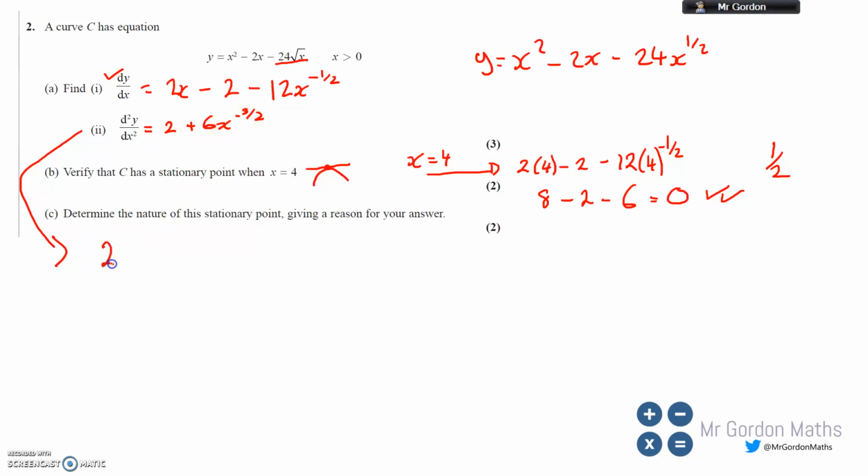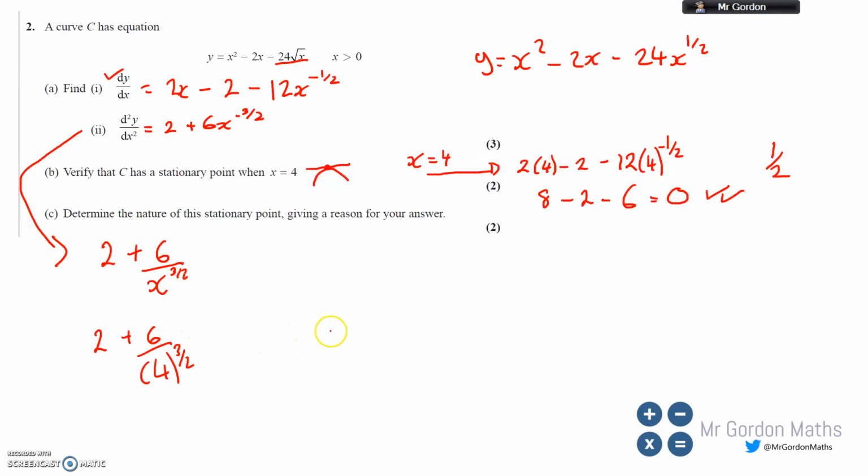So I'm going to write this out first as 2 plus, I'm going to write this like this, 6 over x to the 3 over 2. All right, I've sorted the minus sign out first. I've rewritten it back in this form here. So there's no need for the minus sign because I put it at the bottom of the fraction. Put 4 in. 2 plus 6 over 4 to the 3 over 2.